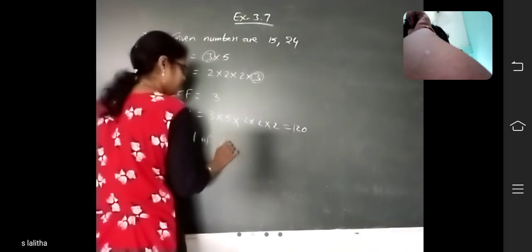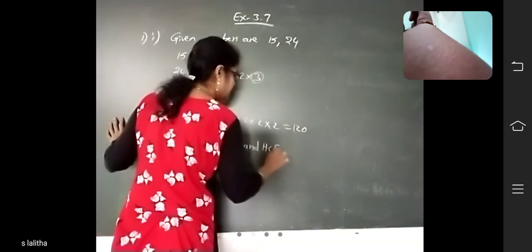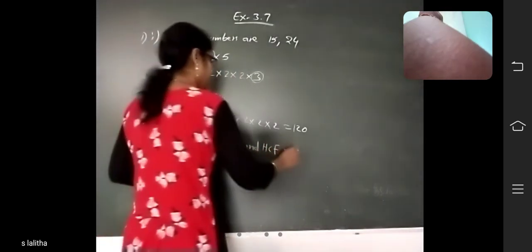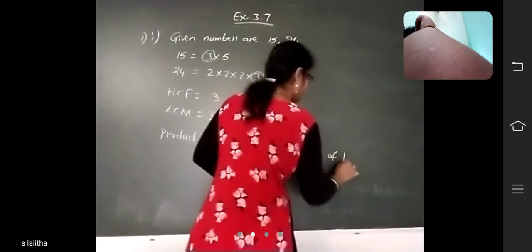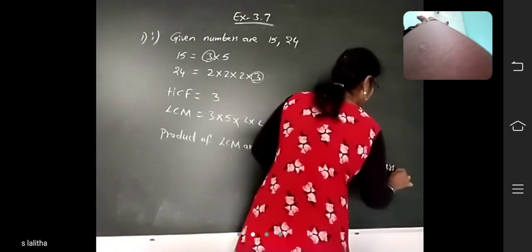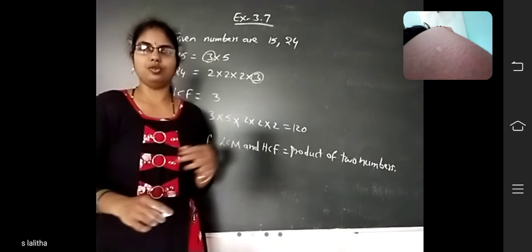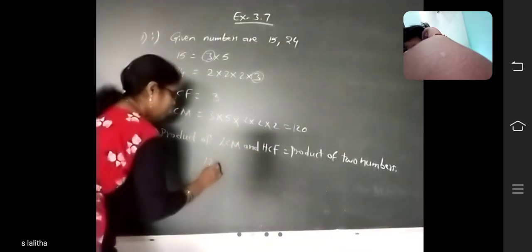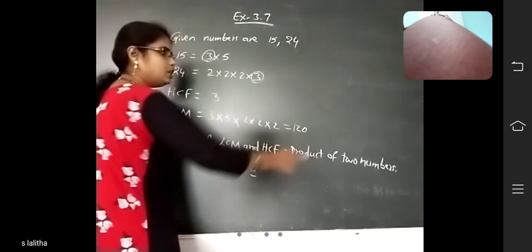Okay, now find the relationship. Product of LCM and HCF equal to product of two numbers. This is the relationship. Product of LCM into HCF is equal to product of two numbers. So LCM, how much? 120 into HCF, how much? 3. Equal to product of two numbers.